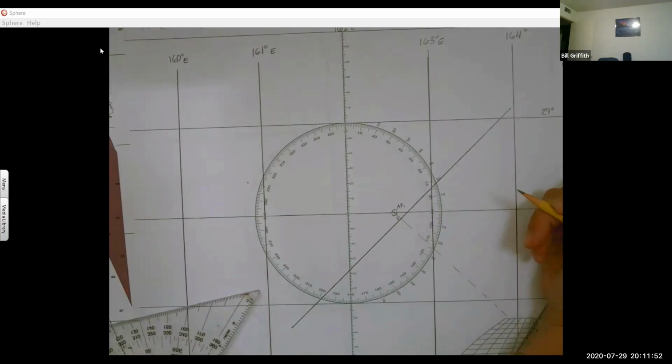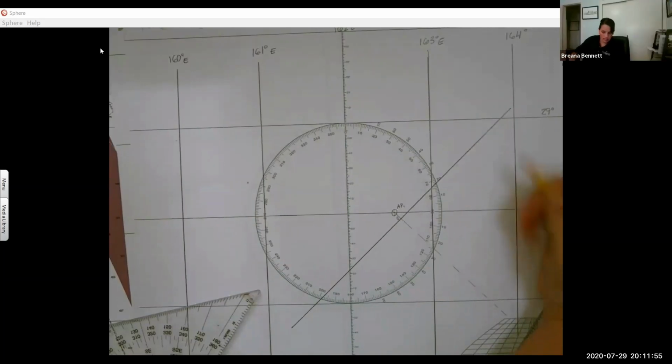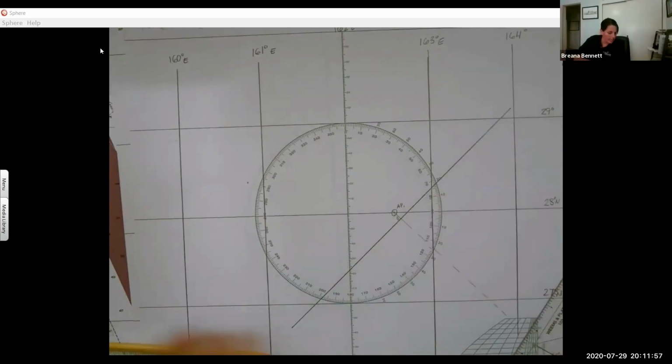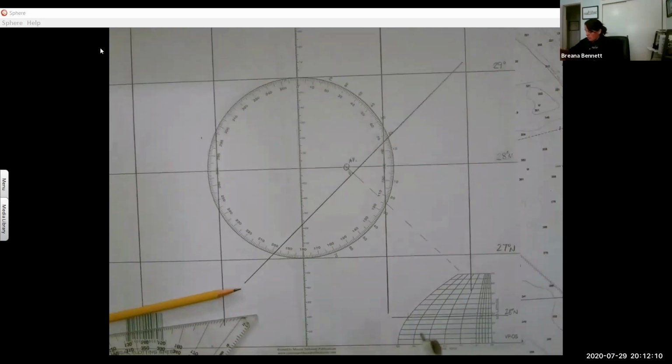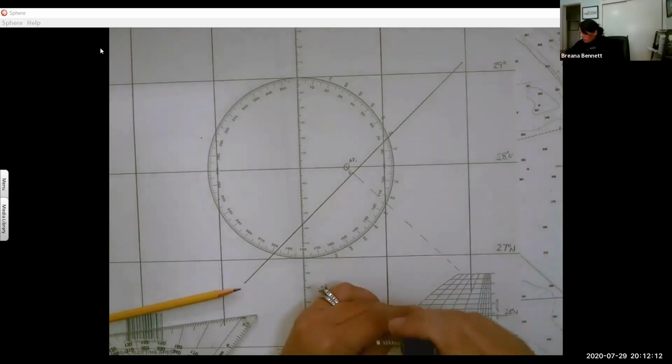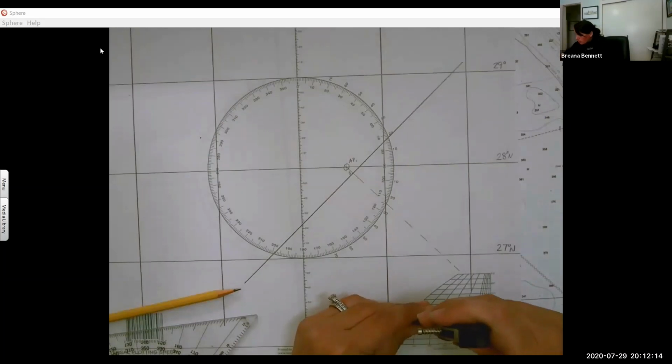Okay. So our second LOP here has an assumed position of 28 degrees and 161 52 east. So I'm going to find 52 east. So I have 50 and then right on that 2.